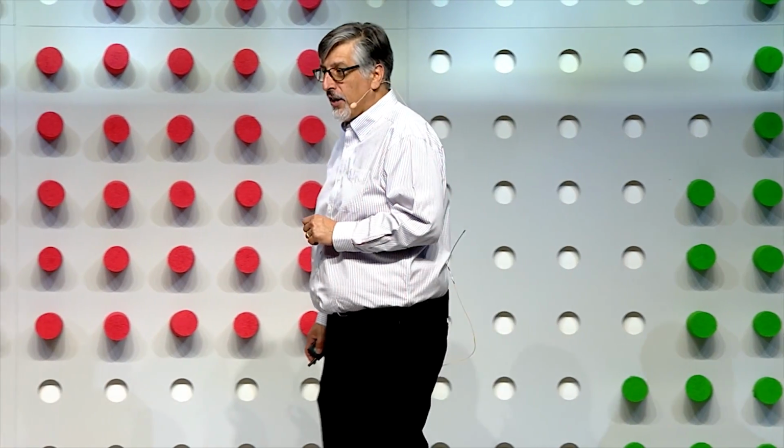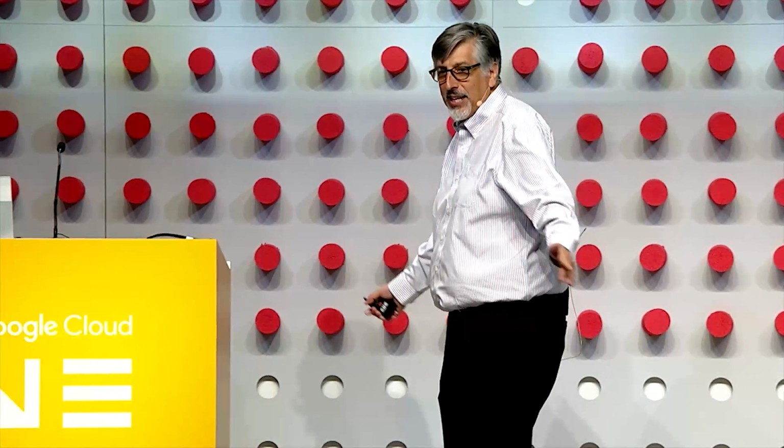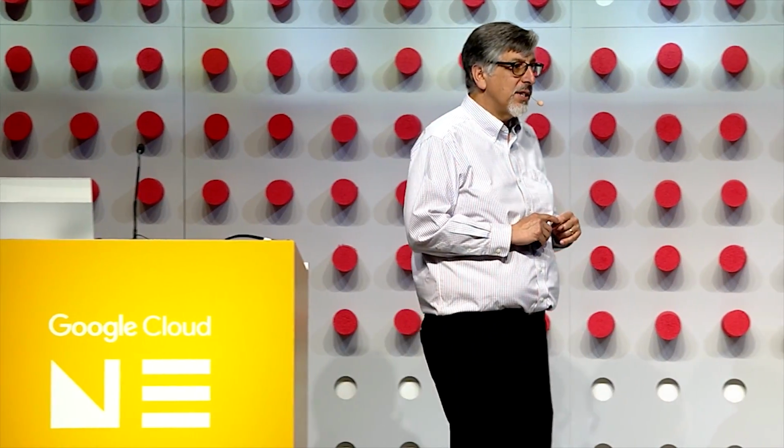Monitoring. So now you have all this great infrastructure set up and everything is working great. How do you monitor this infrastructure? There are two distinct ways of monitoring this infrastructure.